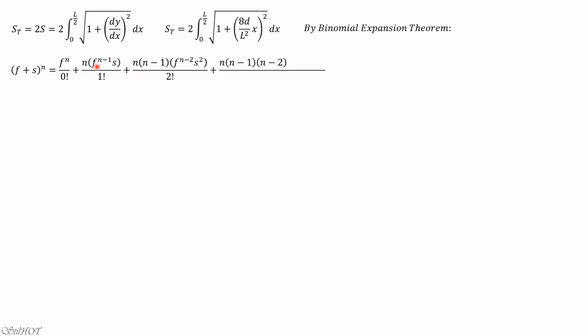Then plus n times n minus 1 times first term to the n minus 2 times second term squared over 2 factorial, plus n times n minus 1 times n minus 2 times first term to the n minus 3 times second term cubed over 3 factorial, and so on and so forth. I hope that you encountered this in your algebra time.